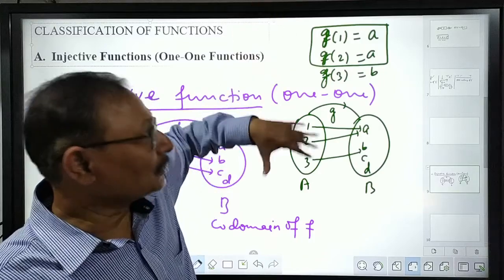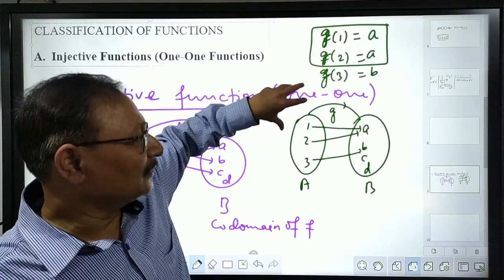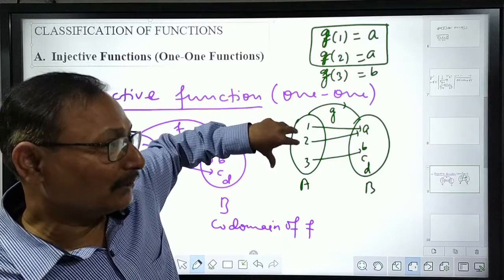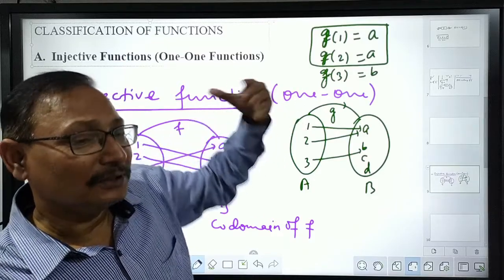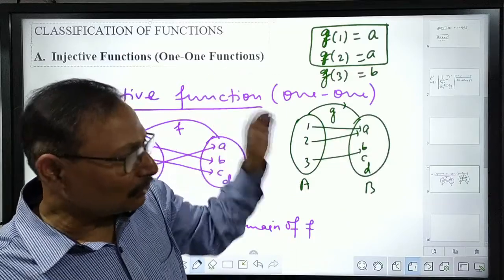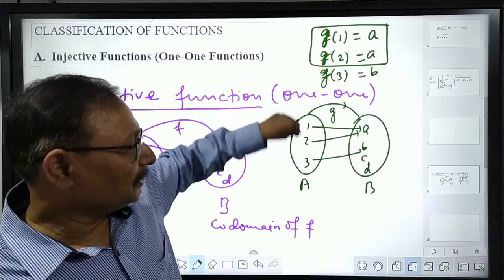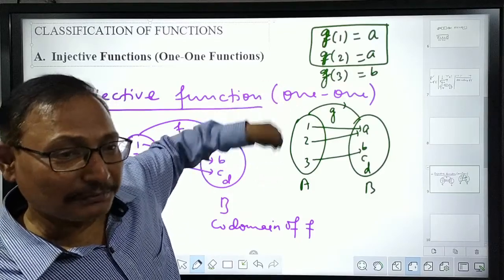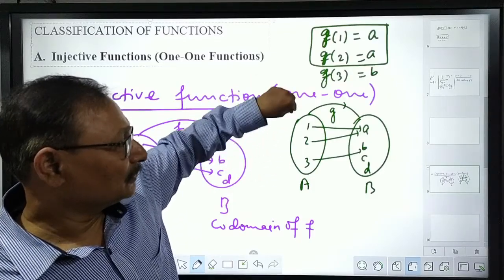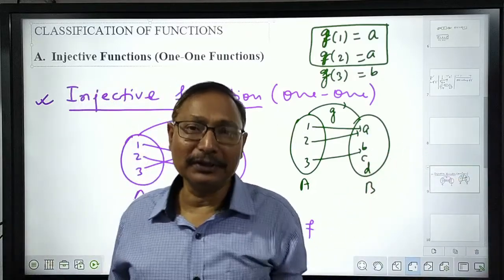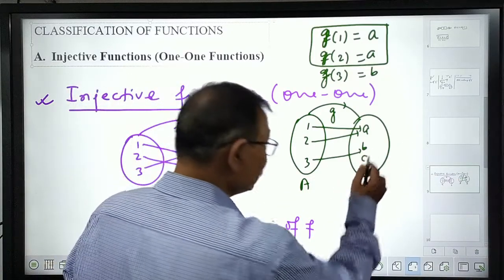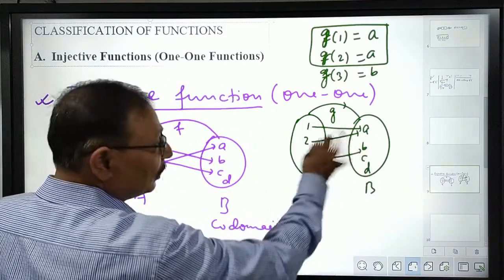So we cannot conclude that all the elements of the domain have different images. We cannot conclude that different elements of the domain have different images. And if it happens, then we say that this is not a one-one function.